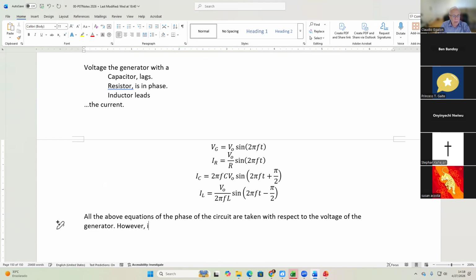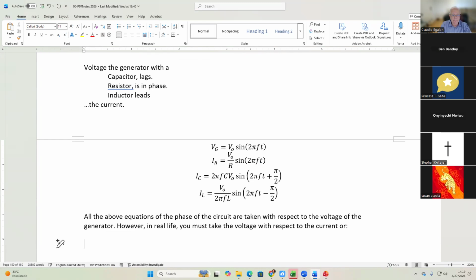However, in real life, you must take the voltage with respect to the current. And there's a reason for that. With respect to the current, okay?